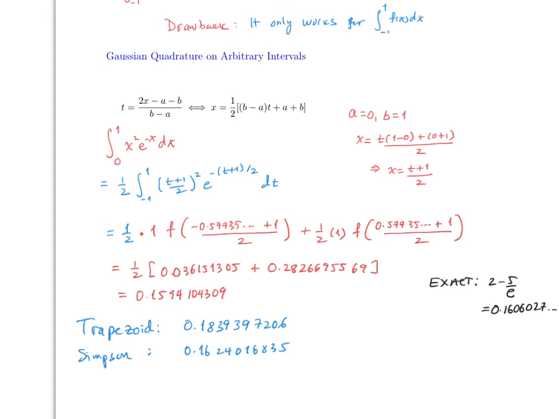So you can see it's just the way it was intended. This is more precise than these two. Simpson's rule is actually pretty close, but the Gaussian quadrature is still better than this one, and it's definitely much better than the trapezoid. Alright, so that's it for section 4.7.